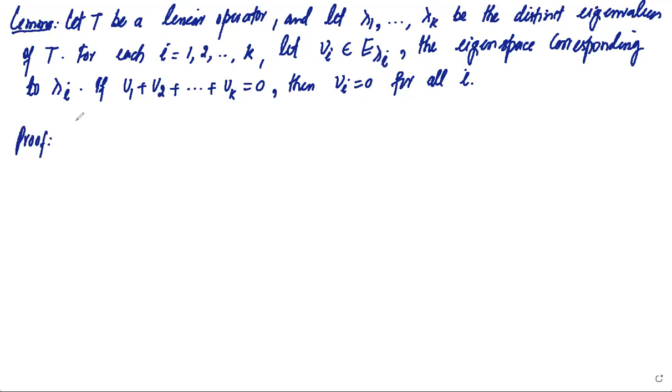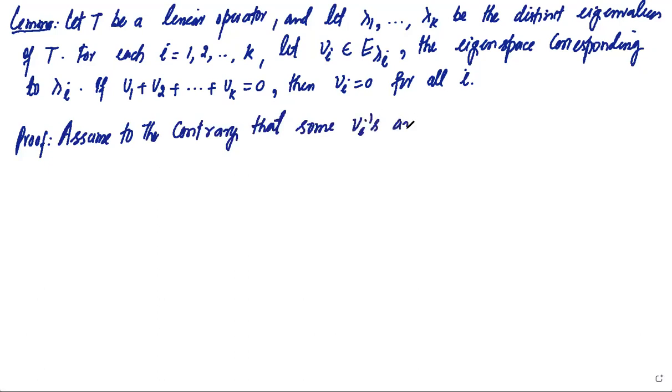We will assume otherwise. Assume to the contrary that some vi's are not equal to 0. Then we will rearrange them.